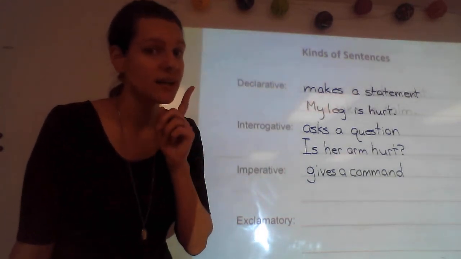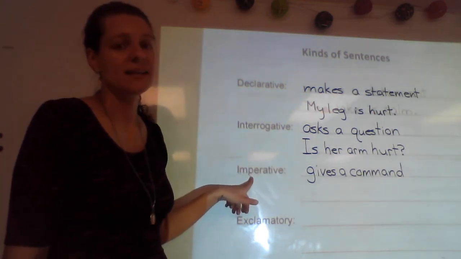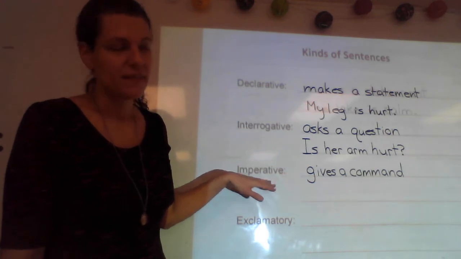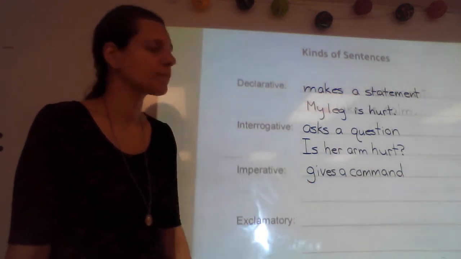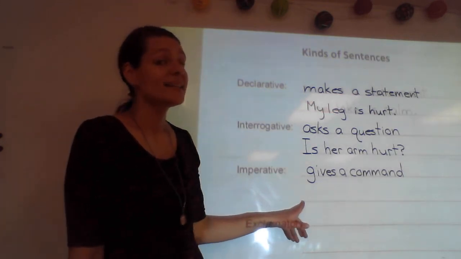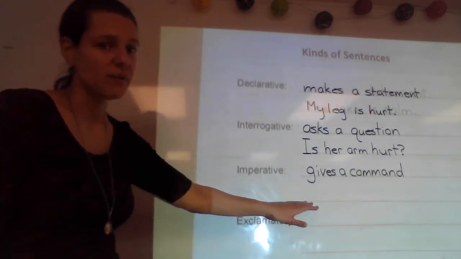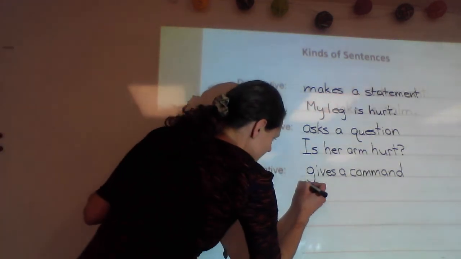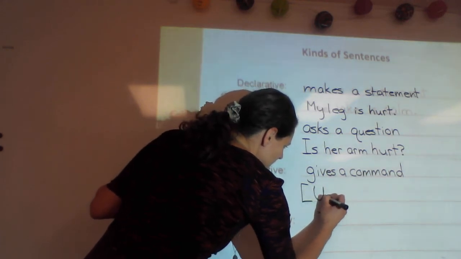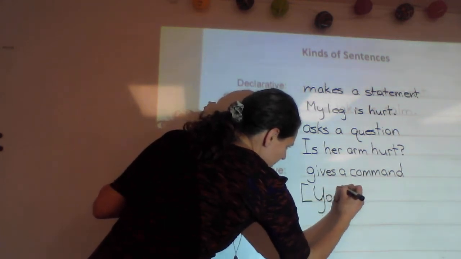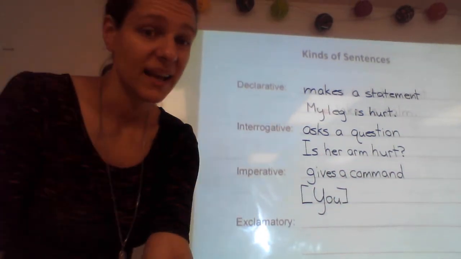All right, so the subject of an imperative sentence is always implied. That means we just know it instead of it being explicitly stated. The subject of an imperative sentence is always you. So I'm going to write you first in brackets. That means it's not stated as part of the sentence, but we actually know it is in the meaning.